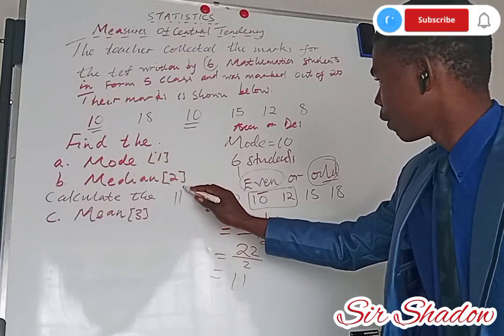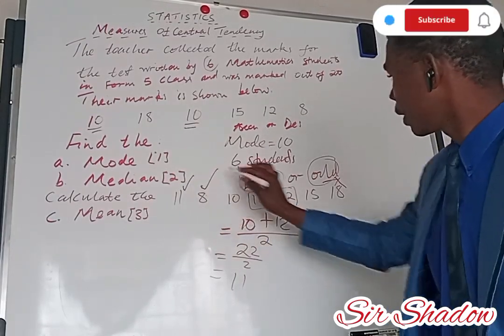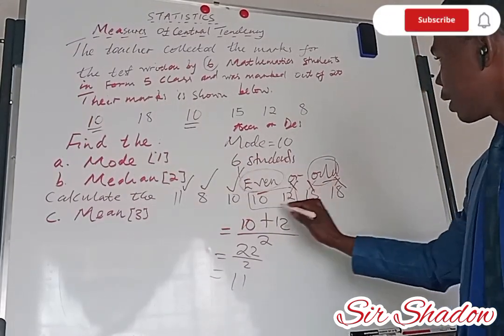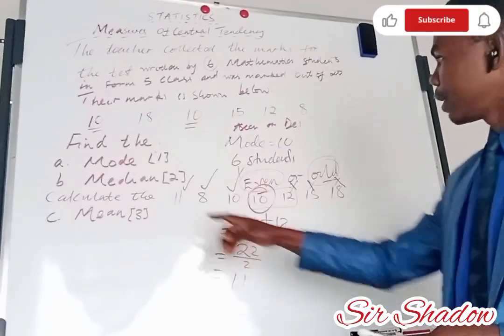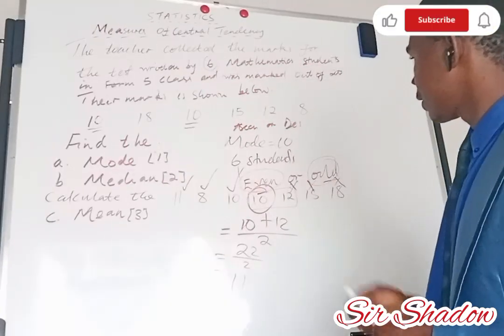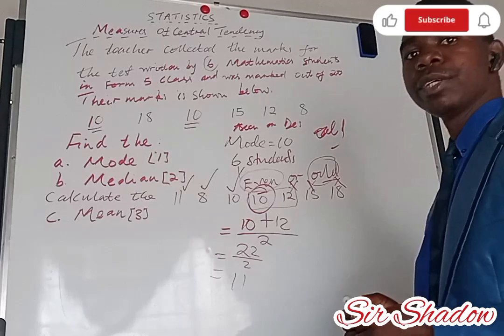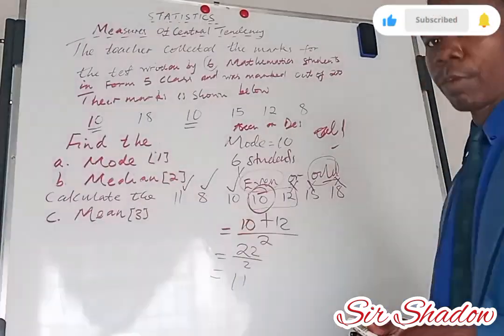Remember, we have 1 here, then 1 here, then 1 here, then 1 here, then 1 here, then 1 here. Then this one becomes our median if the number of students is odd. If it's odd, the median is a real value.